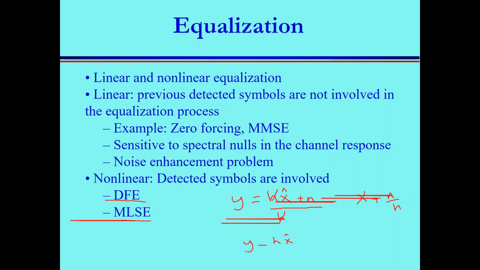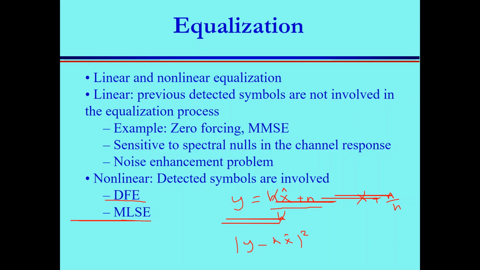The receiver takes y, and h, by training, it can learn it. And then it tries to minimize this difference. What value of x can I put in this equation that gives me the minimal value? So what's the value of x?